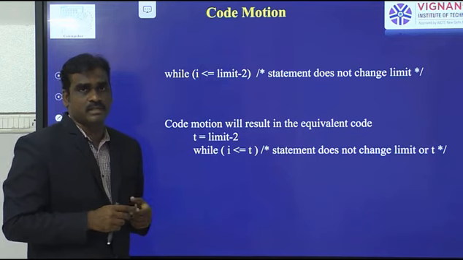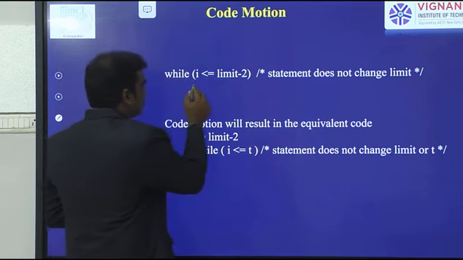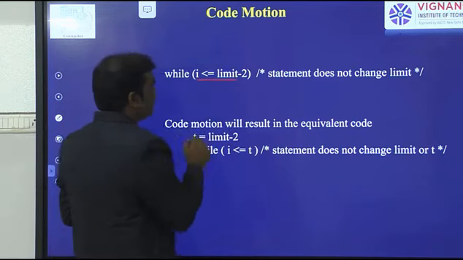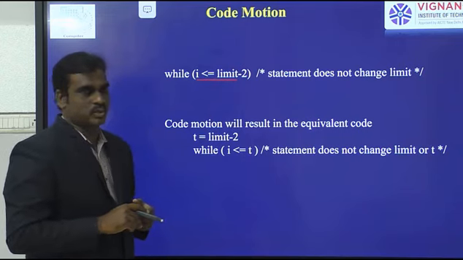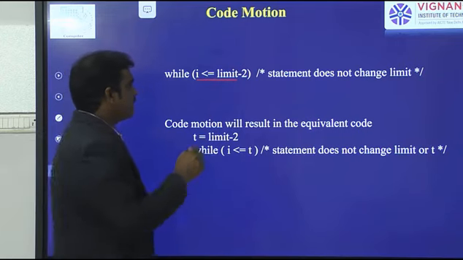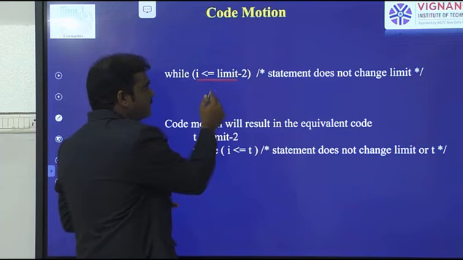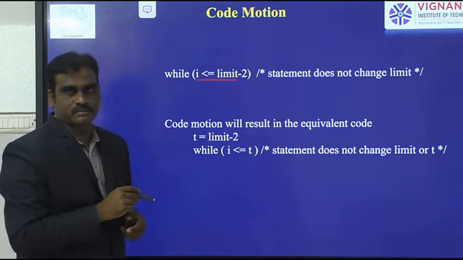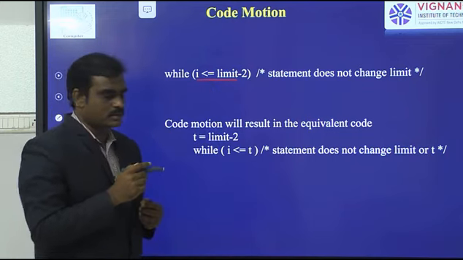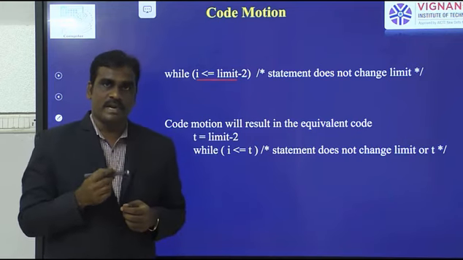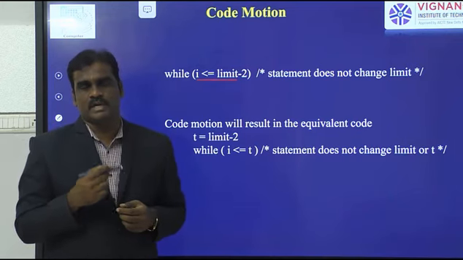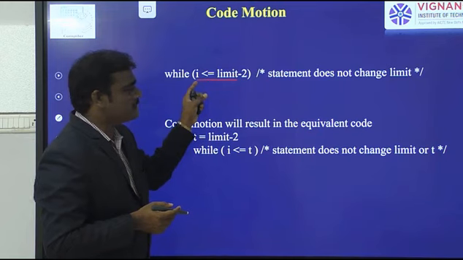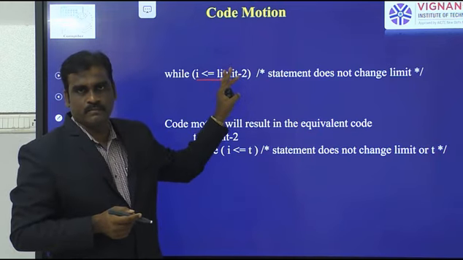Suppose you observe this statement, while i is less than or equal to limit minus 2. See, this statement doesn't change. If the loop executes one time, 5 times, 10 times, 20 times, whatever it is, the value doesn't change. It is a fixed one.